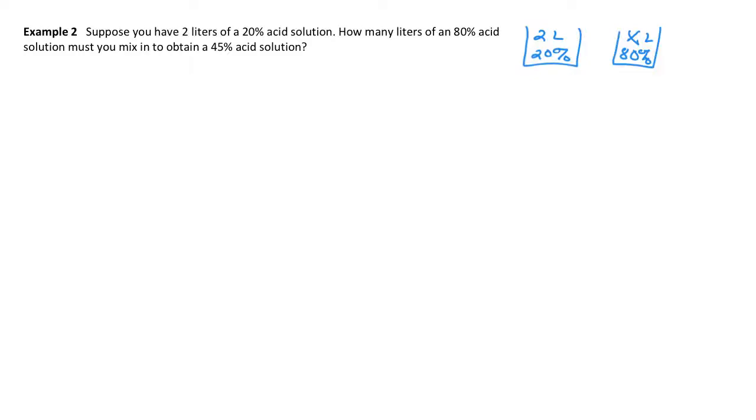So in this question, x, the thing we're solving for, is the number of liters of the 80% solution. And the goal is, when I mix those two together, when I actually combine those two things, I want to have a 45% acid solution.